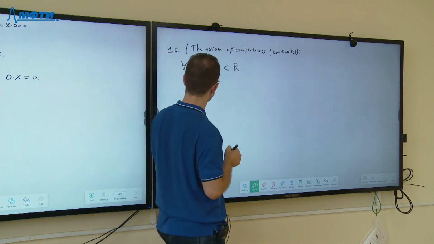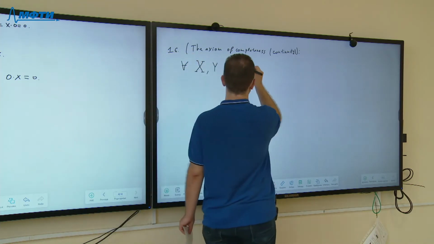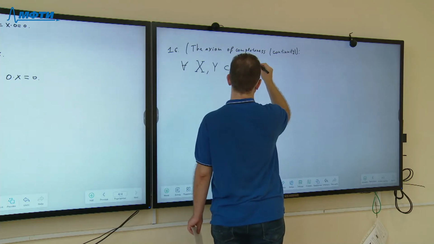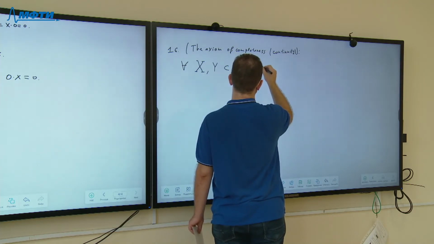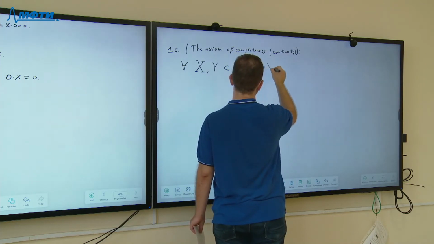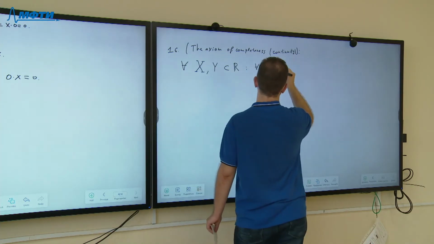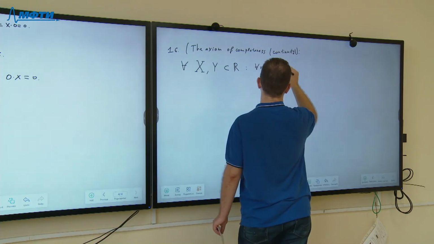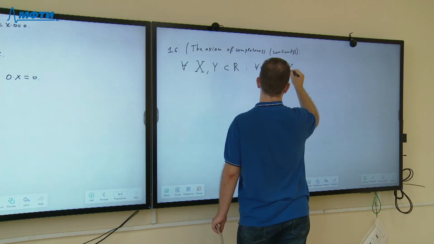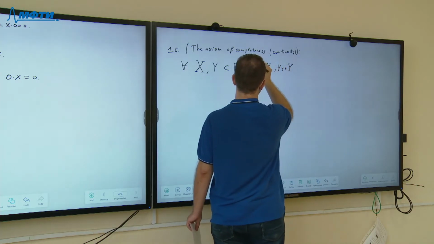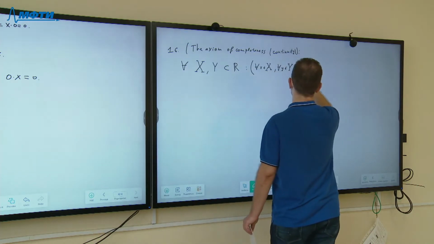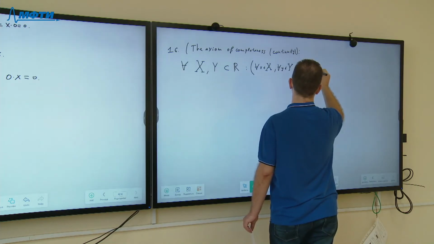For any X and Y such that for any x from X and for any y from Y follows x less or equal than y.